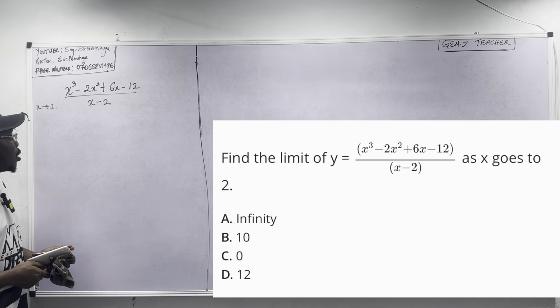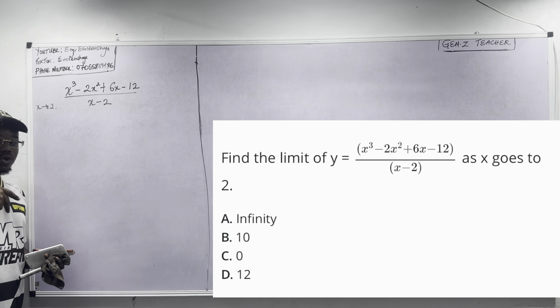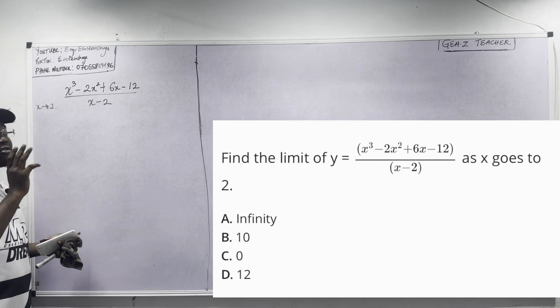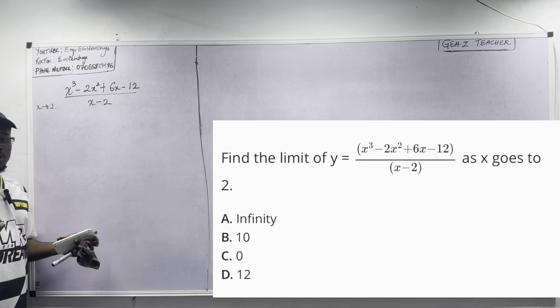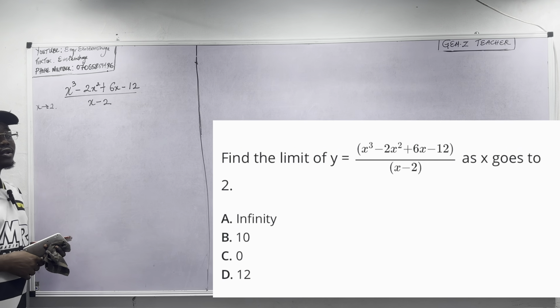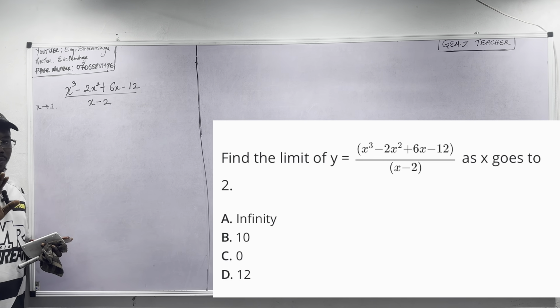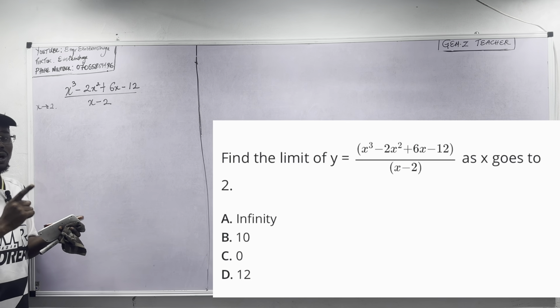So we don't want that. Now, what I want to do, you have two things to apply if that happens. Number one, you can factorize the expression. Number two, you apply L'Hopital's rule. Now, L'Hopital's rule always works for any case, while factorization works for some cases where you can factorize.